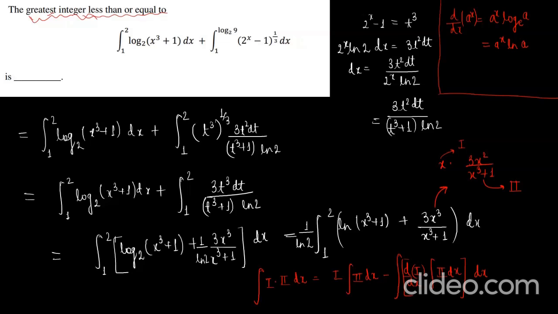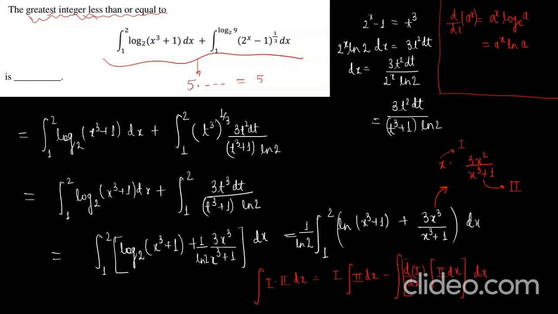It is saying greatest integer less than or equal to. This integral is giving me the answer as 5 point something. So the greatest integer less than this will be 5 itself.